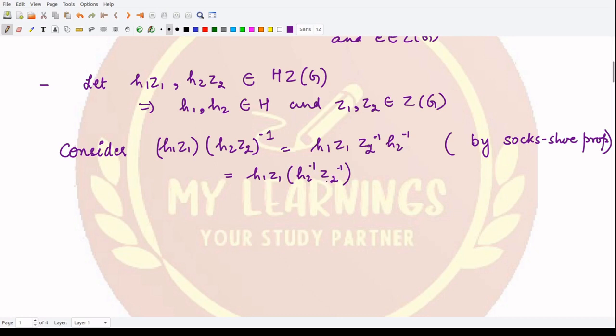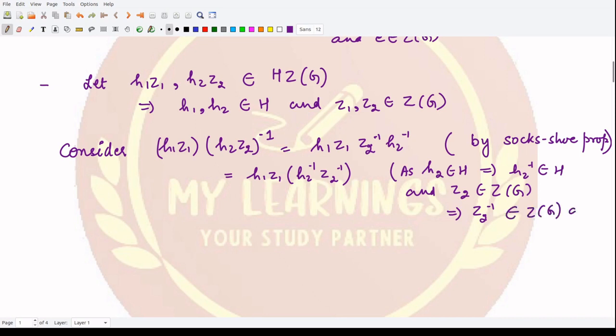Because h2 is a member of H, so it would mean h2 inverse is a member of H. And moreover, if z2 is a member of the center of the group, then because this is a subgroup, z2 inverse is a member of Z(G), the center. Why? Because Z(G) is a subgroup of G, correct? This thing we already know.